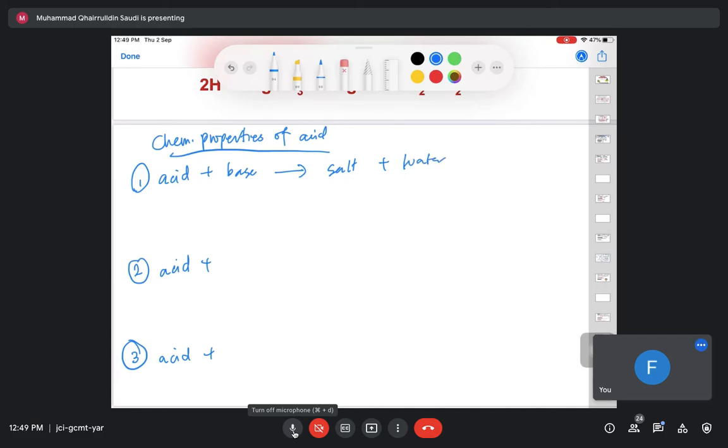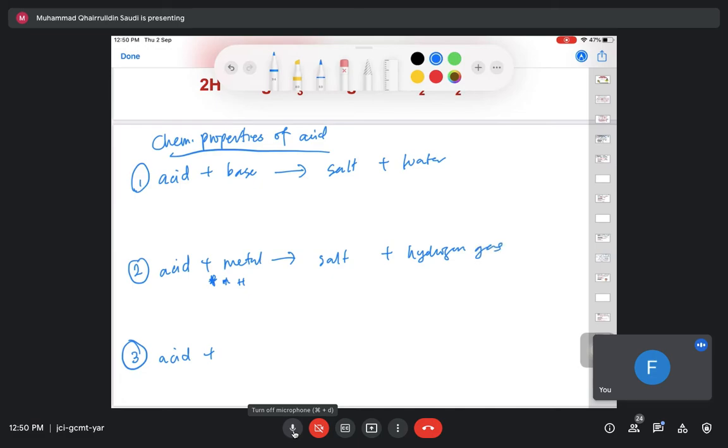Next one, acid can react with metal, but this metal needs to be, ada syarat dia, more electropositive than hydrogen. Okay, and you will get 2 product as well, iaitu good, salt and hydrogen gas.